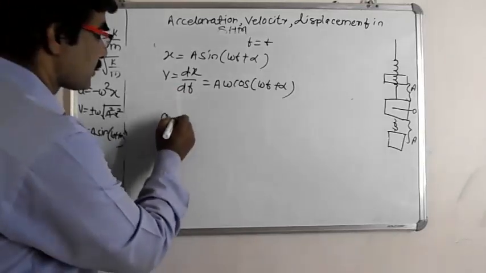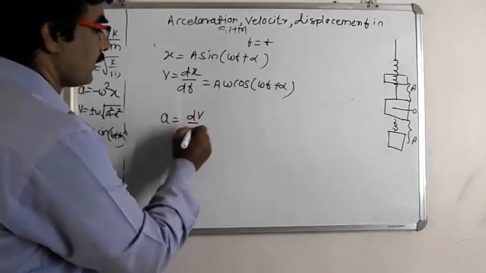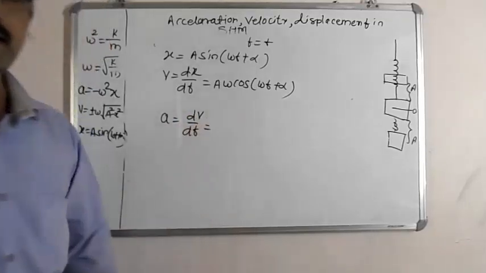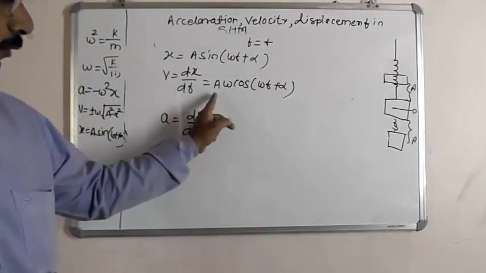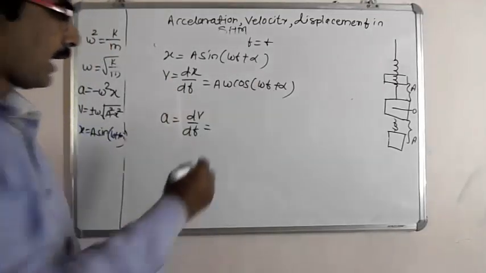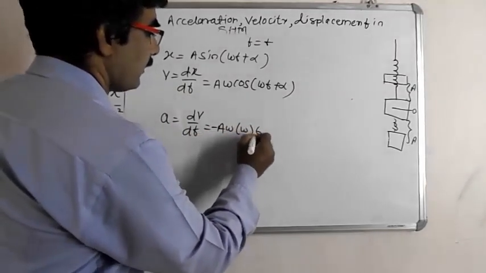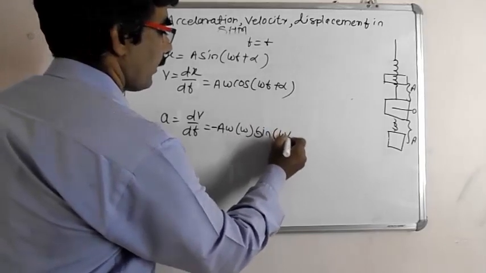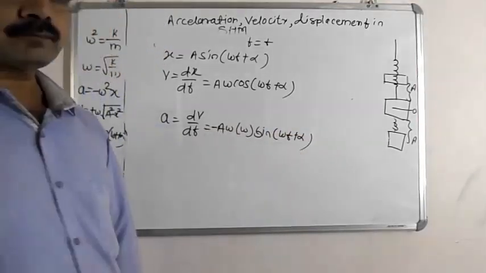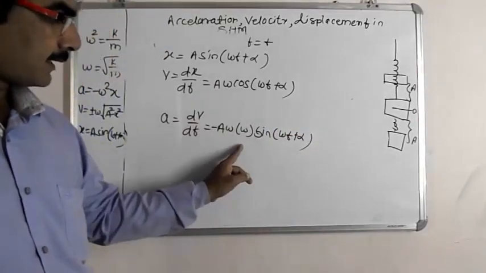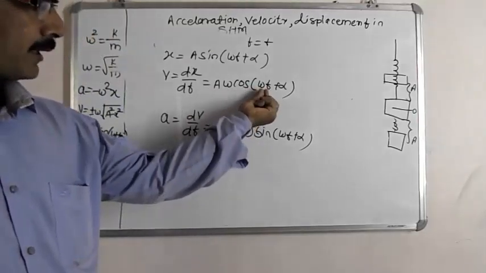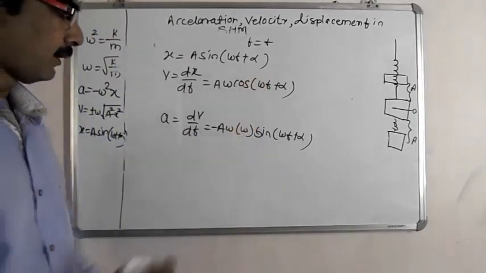And acceleration a equal to dv by dt, that is taking the derivative of this equation with respect to time, we get a omega into, again, the derivative of cos of omega t plus alpha. This a omega stays as it is, and the derivative of the internal part omega t gives omega.